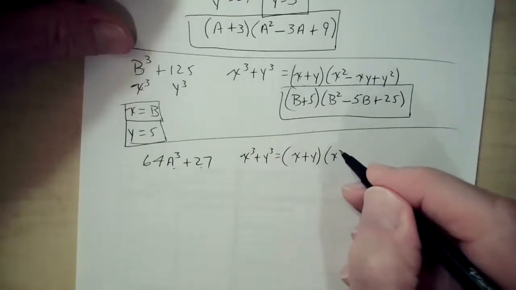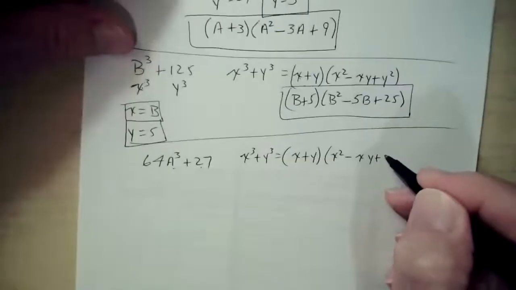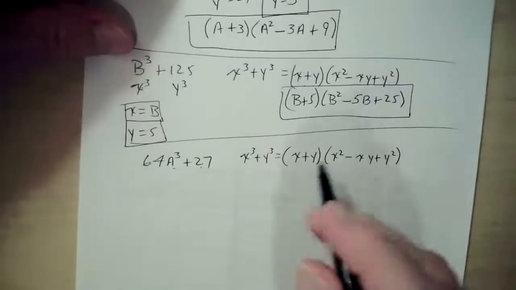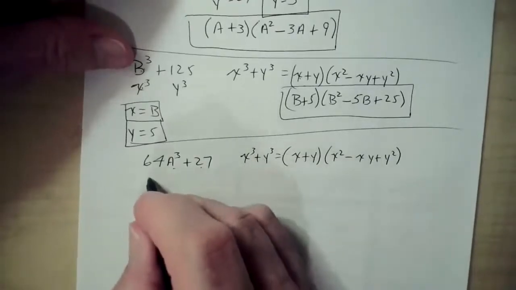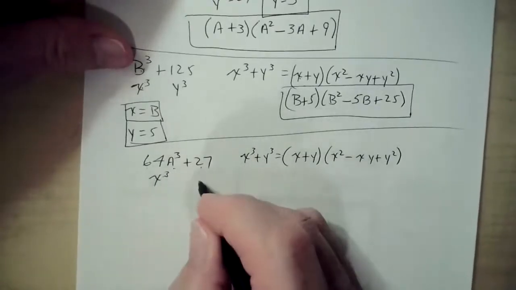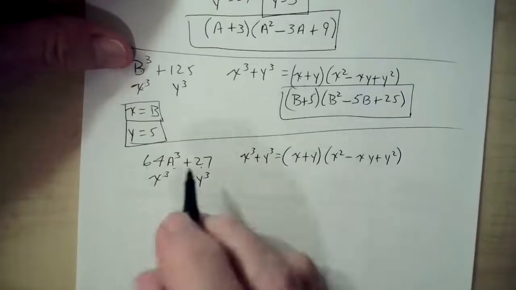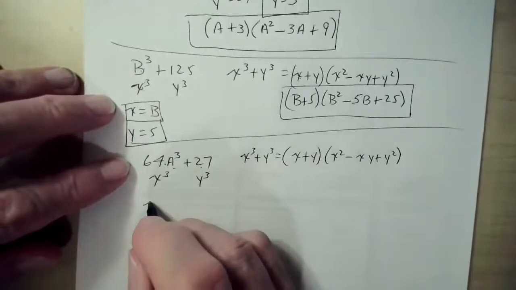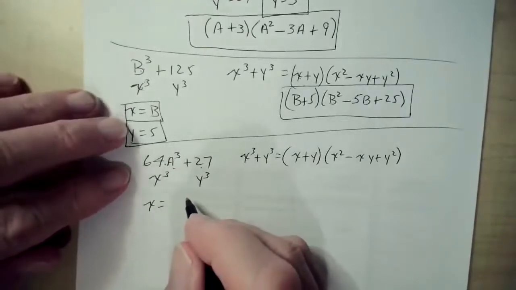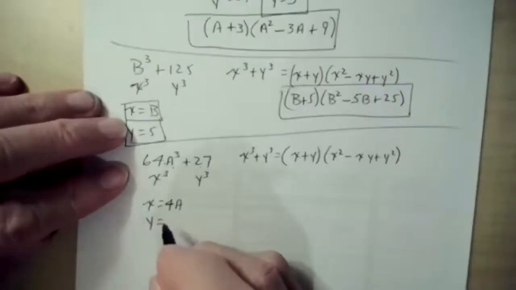So x cubed plus y cubed equals x plus y times x squared minus xy plus y squared. That one's x cubed, this one's y cubed. So if x cubed is this, what does x equal? 4a.